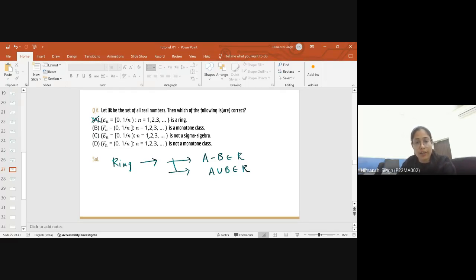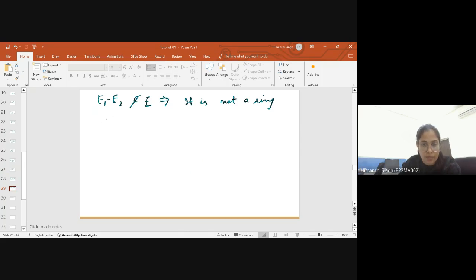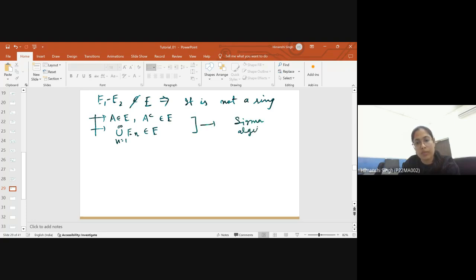So let's analyze it further. It is asking whether it is a sigma algebra or not, so we need to analyze it in the direction of sigma algebra. For a sigma algebra, if A is in E, then A complement should be in E, and the countable union should be in E. So let's start with the complementation only.